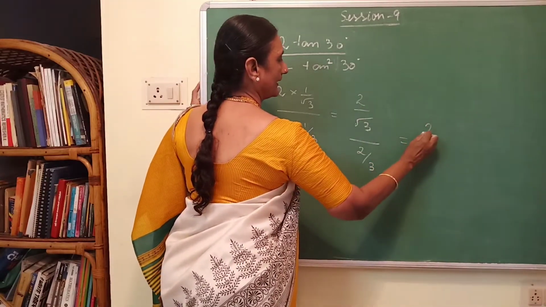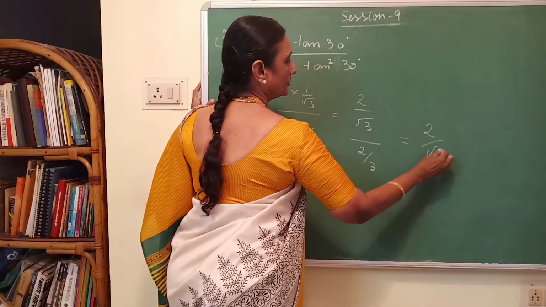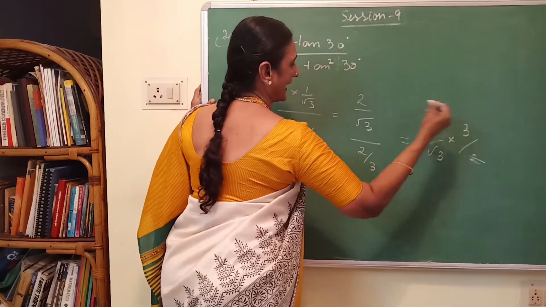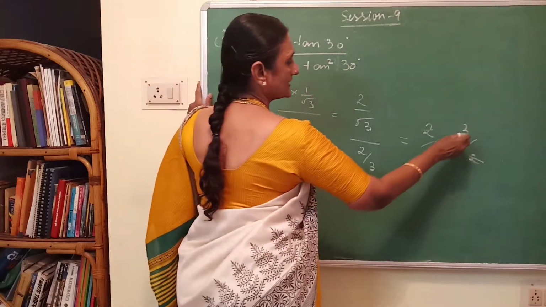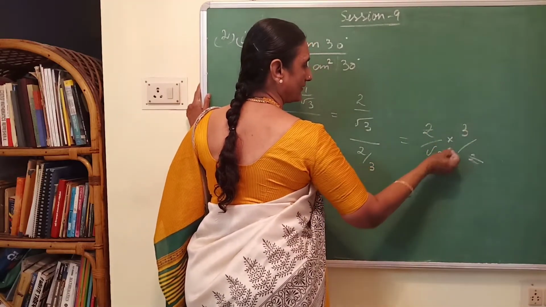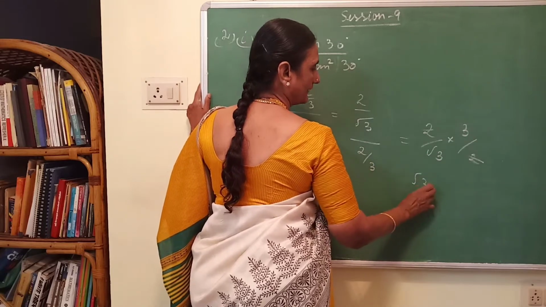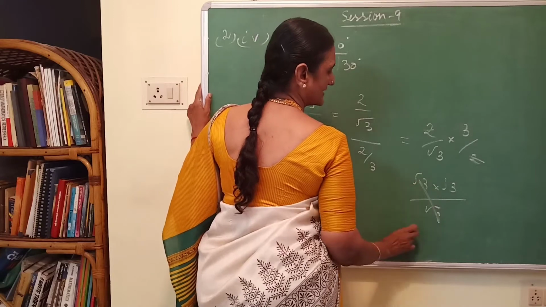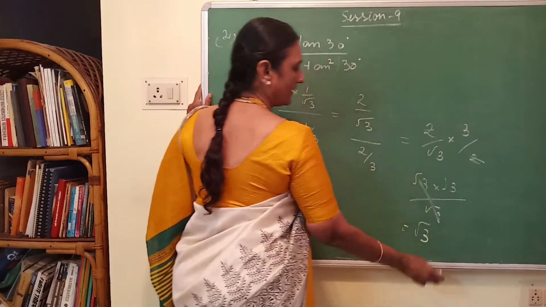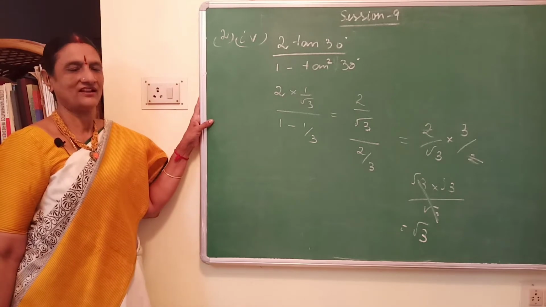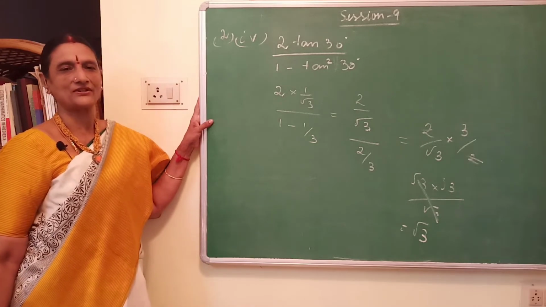Therefore, here the answer is 2 by root 3, times the reciprocal 3 by 2. 2 cancels, and 3 by root 3 is root 3 into root 3 divided by root 3. This gets cancelled. We get the final answer to be root 3. What is the value of root 3? It is tan 60. So you have to tick against the option of tan 60.